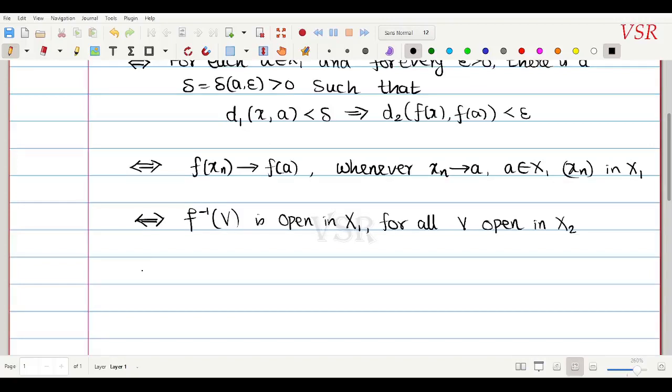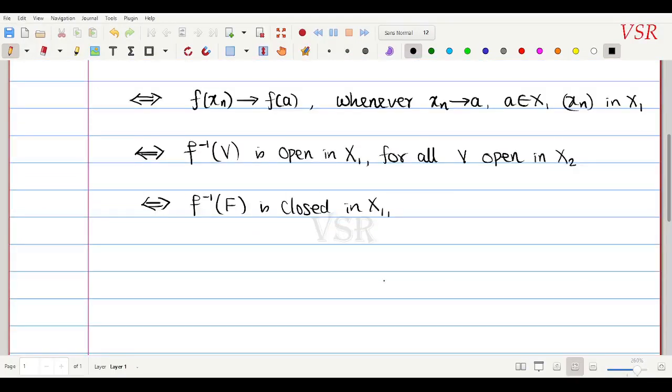And if and only if, this f inverse of capital F is closed in capital X1 for all F closed in X2.